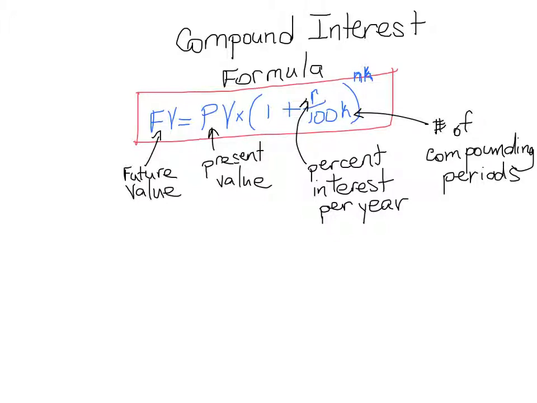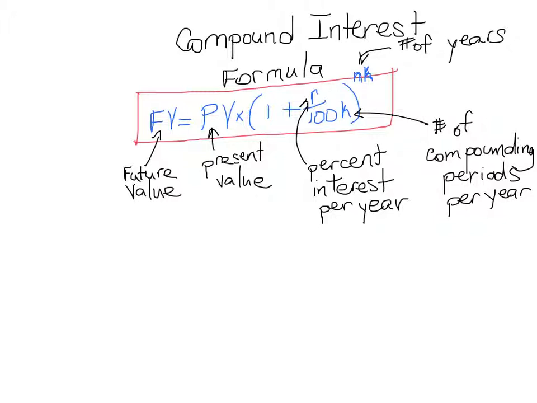If it's compounding semi-annually, it's compounding twice per year, so K would be 2. And N is just the number of years. Okay, the best way to grasp this is to look at a question.